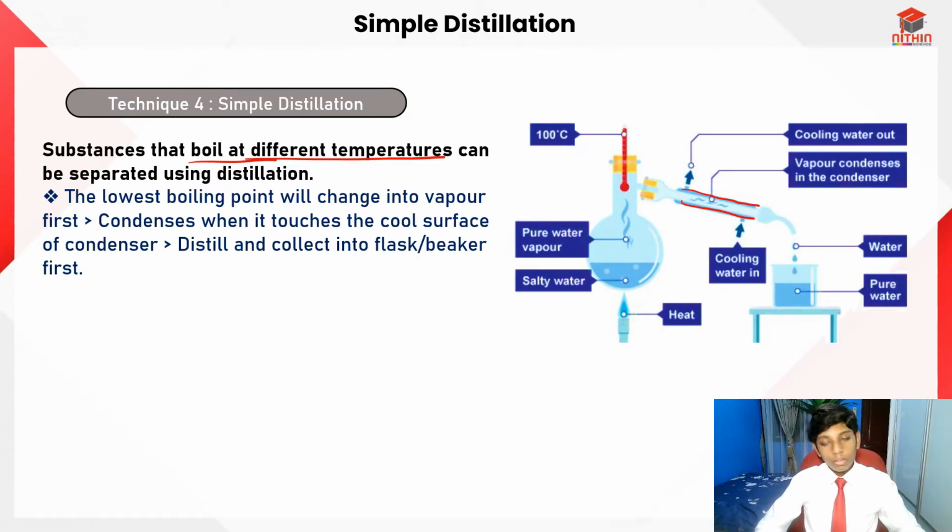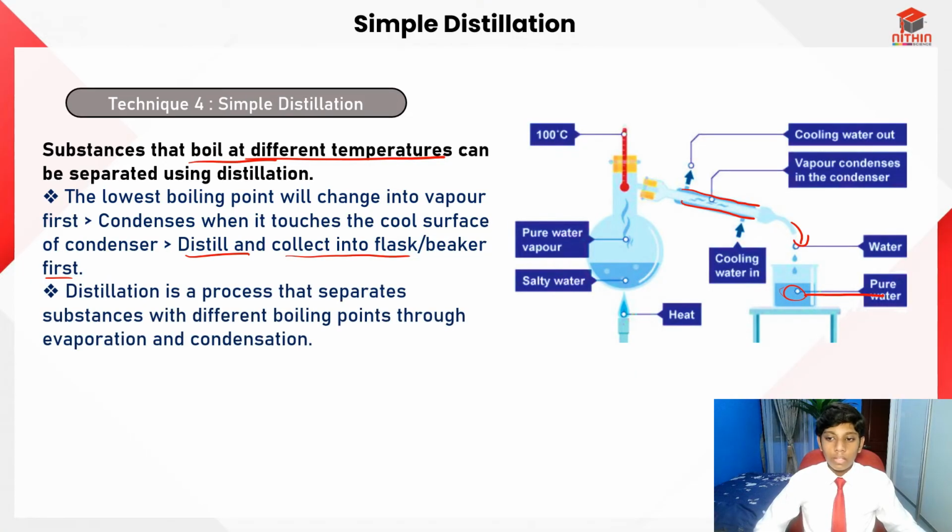When the warmer water vapor comes into contact with the cooler surface of the condenser, it will condense and form water droplets, and it will come out of this tube and land into this beaker, and it will give us pure water. So it will actually be distilled and collected into the flask and beaker.